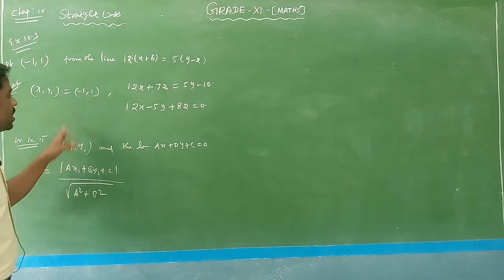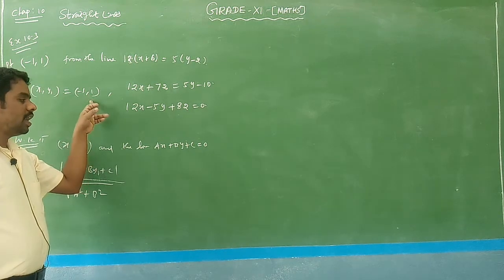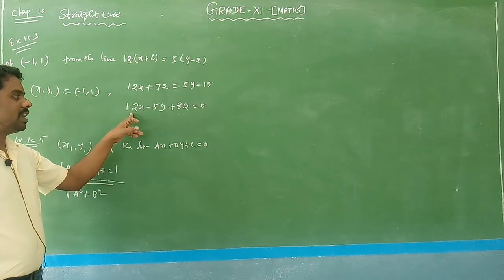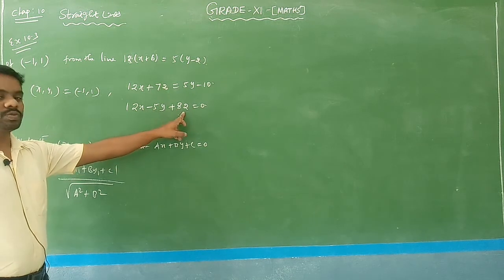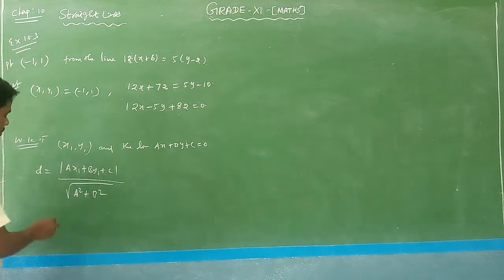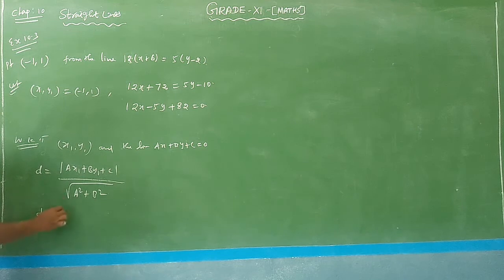Here (x1, y1) is (-1, 1), a is 12, b is -5, c is 82. Substitute these values.